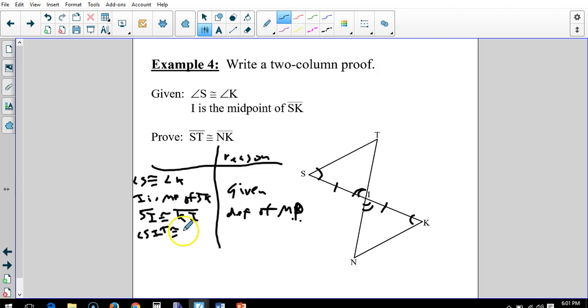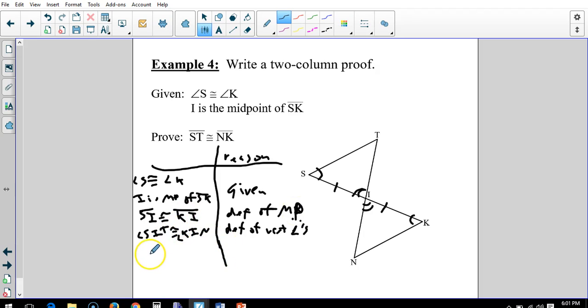Start the same arc mark 1, so that's K, come in highway 1 to I, N, for my angle symbol. SIT is congruent to KIN, and that's the definition of vertical angles, or vertical angles are equal, either way.